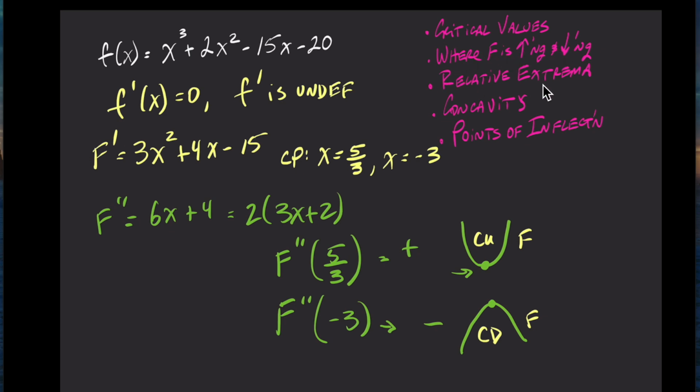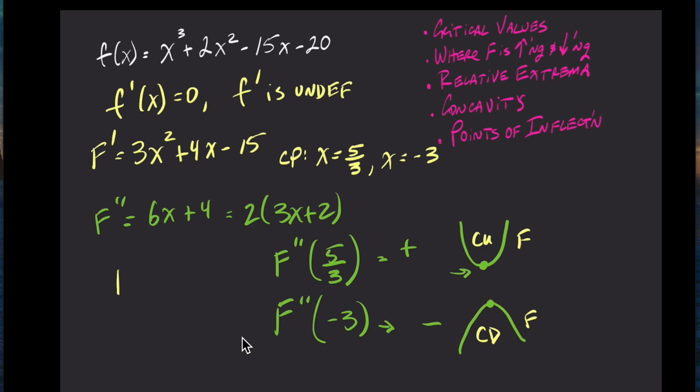If they just want the relative extrema, the local extrema, you can try the second derivative test and see if this works out. Now, of note, if you take the second derivative of a critical value and you get 0, or if you get undefined, that means the second derivative, which really can be thought of as a shortcut, has failed.